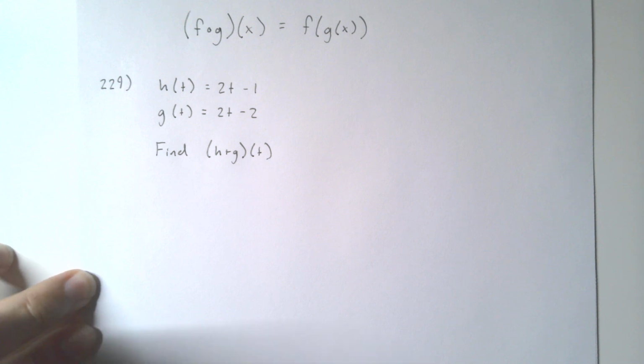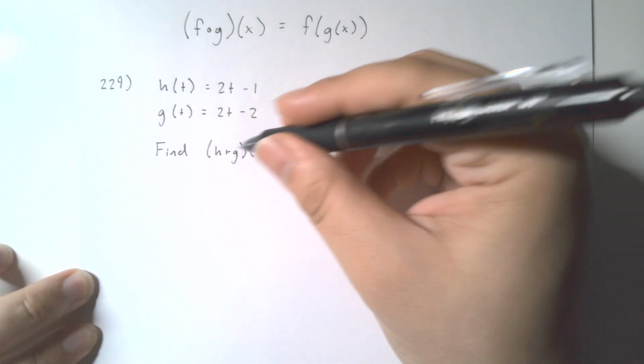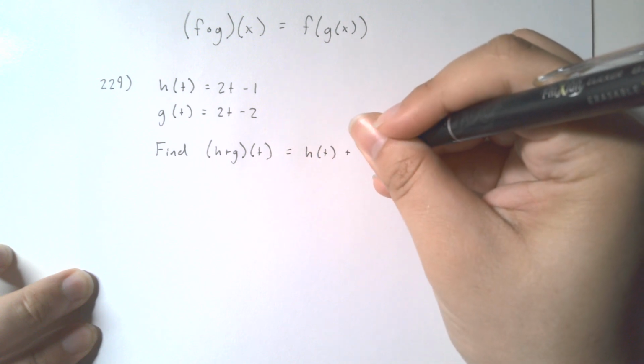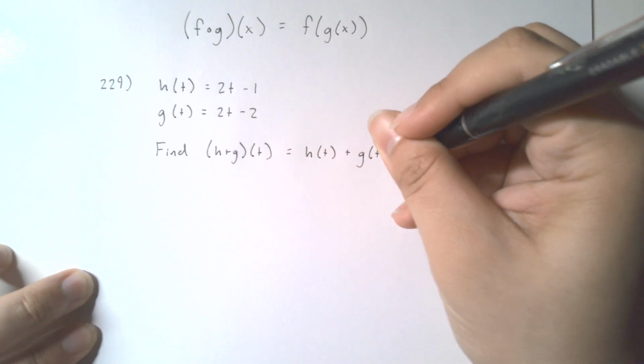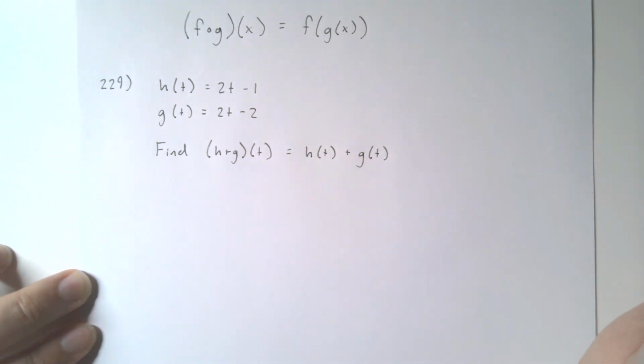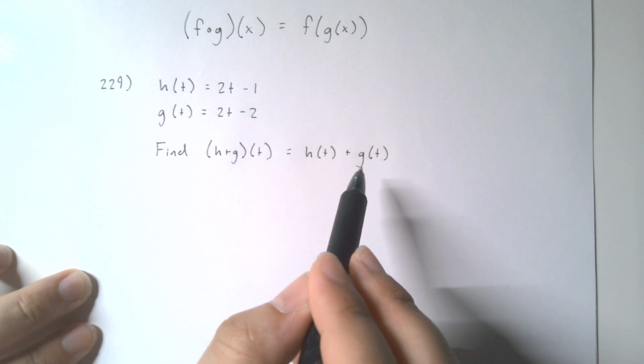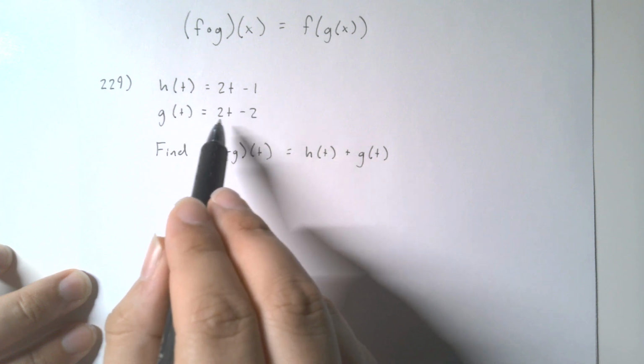So to do that, recall that this is just going to be h of t plus g of t. And we know what those are. We have h of t is given by 2t minus 1, and we have that g of t is given by 2t minus 2.